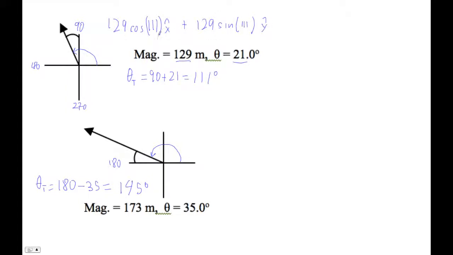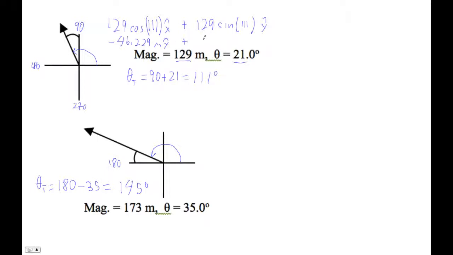And I'm lazy. I'm going to store these things in memory locations. So let's go 129 cos 111. That's negative 46.229.